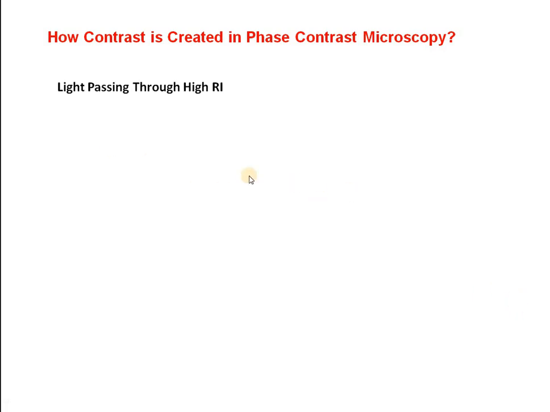Light passing through the specimen might pass through different regions which have a high refractive index or a low refractive index. When it passes through the high refractive index region, the light deviates from its normal path, and changes in the phase occur.